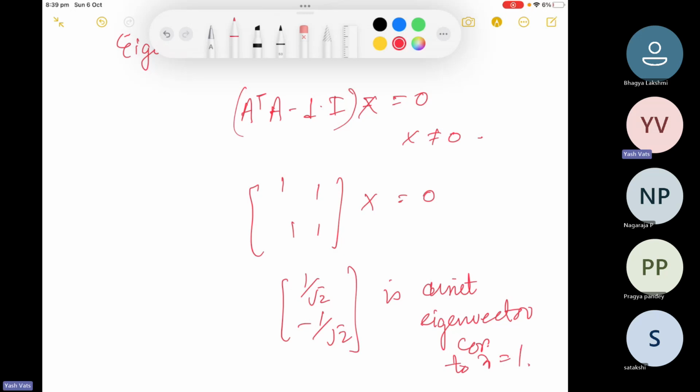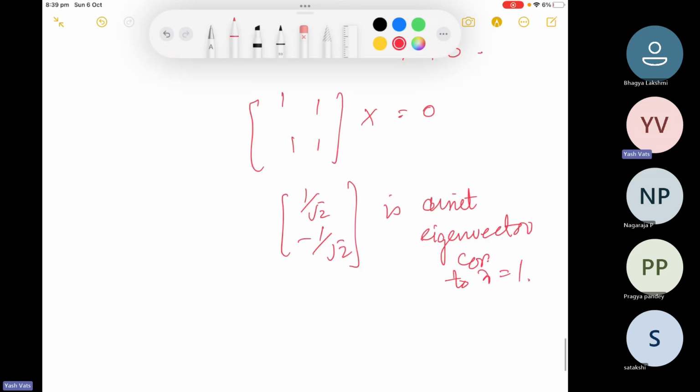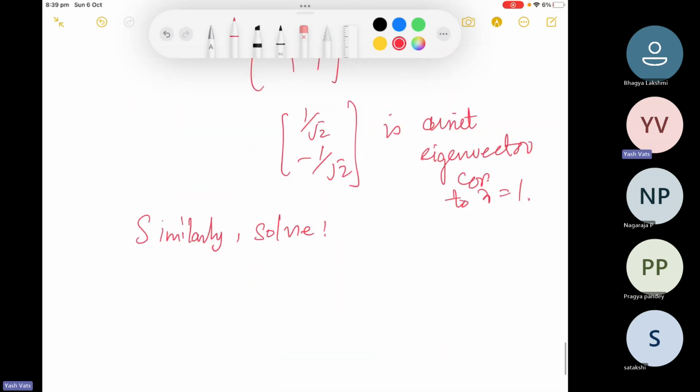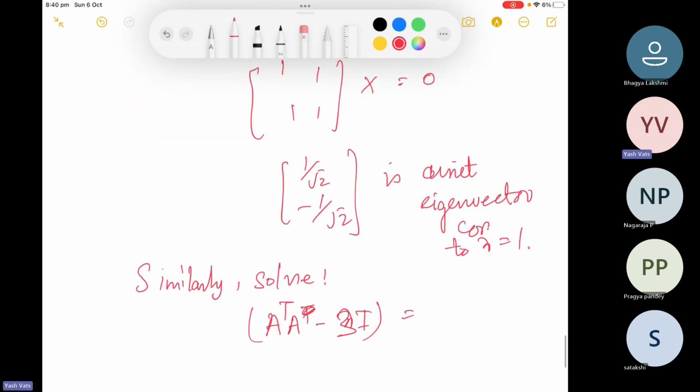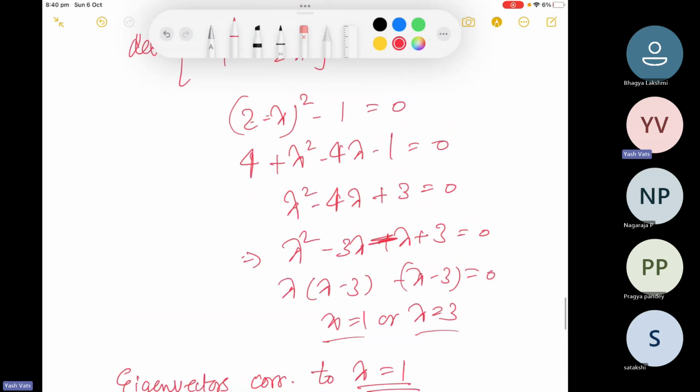And the other is, similarly, solve A transpose A minus lambda I equal to 0, where lambda is now 3. X is non-zero again. So what is A transpose A?